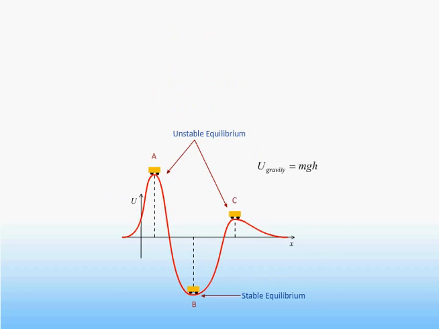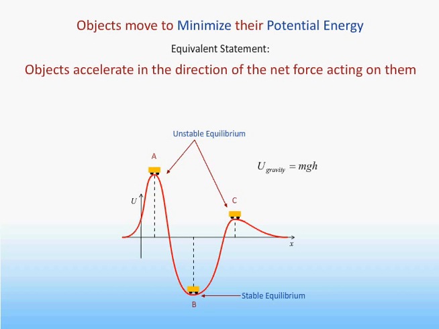To generalize this observation, we can say that an object which is initially at rest tends to move towards the configuration where its potential energy is minimized. Note that there is no new physics in this statement. This statement, in terms of potential energy, is absolutely equivalent to the statement that an object accelerates in the direction of the net force acting on it.